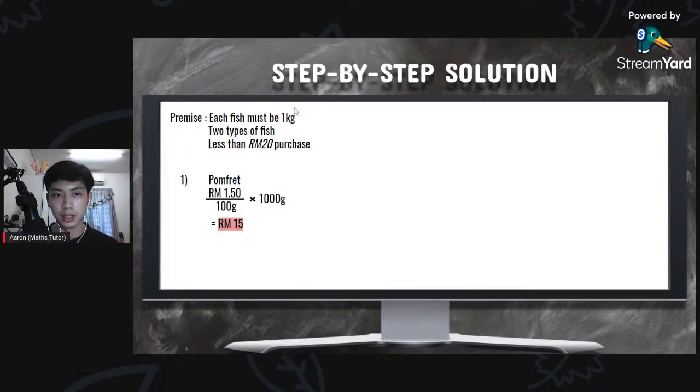The same as 1 kg and 1,000 gram. So here we can get the answer, RM 15. So 1 kg of pomfret fish, we need to use 15 ringgit to pay.